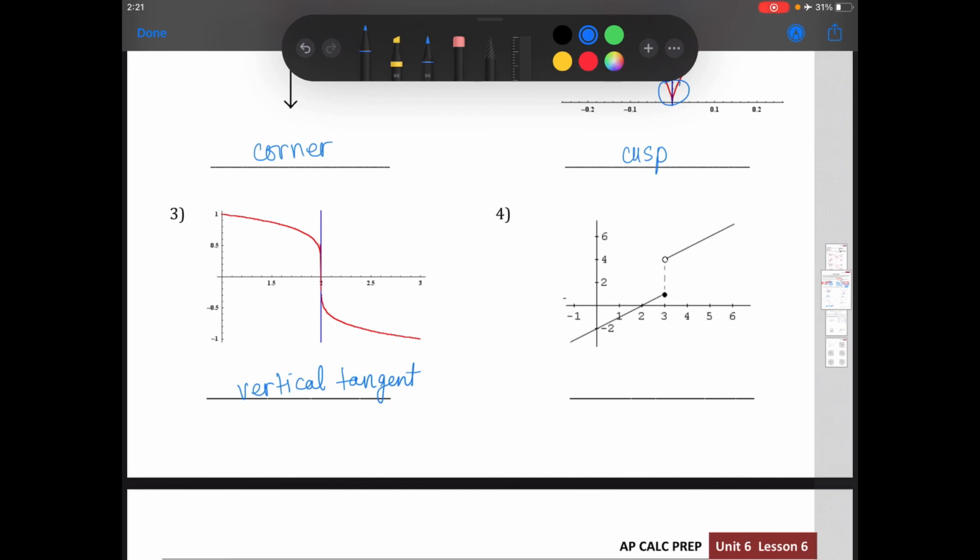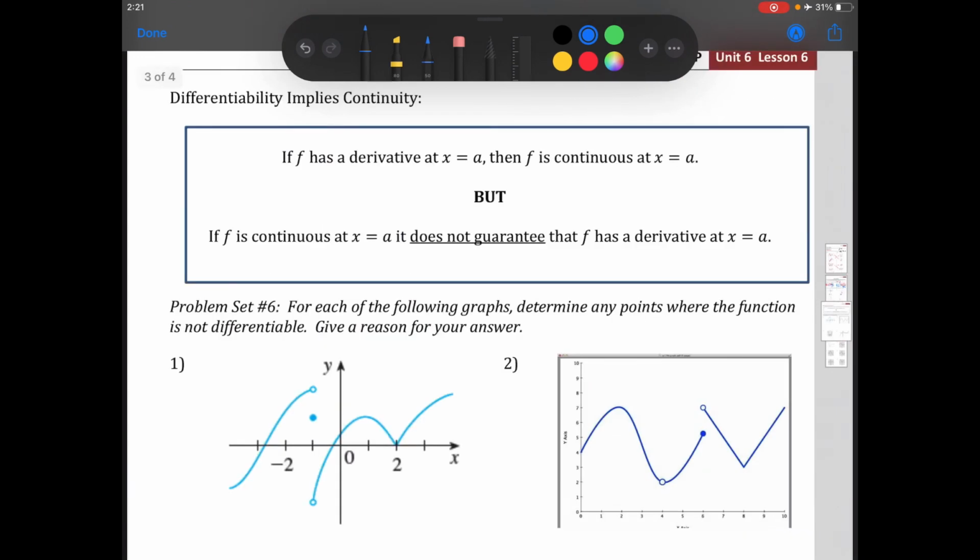So I want you to be very clear about both those things. And then any kind of discontinuity, here it's a jump, so for all discontinuities, the derivative does not exist.